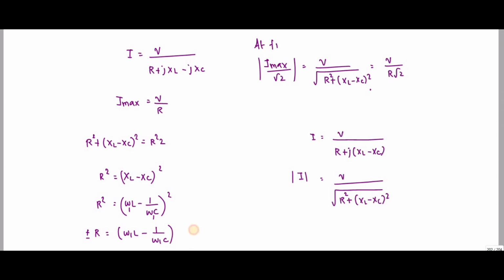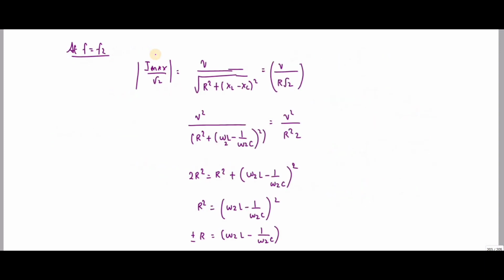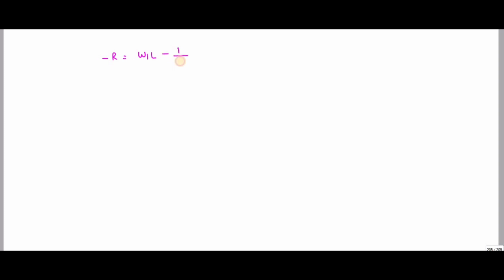Similarly, if I take this first equation, minus R is equal to omega 1 L minus 1 divided by omega 1 C. Okay, so I'm going to multiply omega 1 on both sides, then divide the whole term by L. So you will get omega 1 squared plus R by L omega 1 minus 1 by LC is equal to 0.